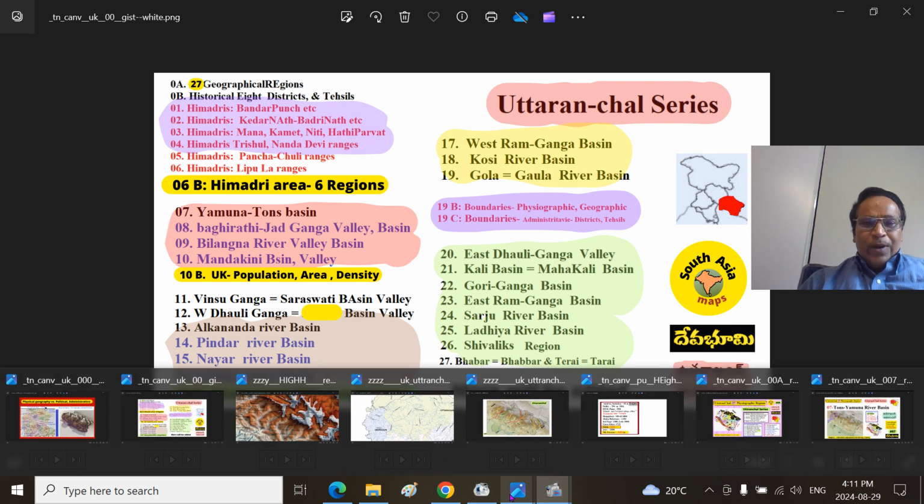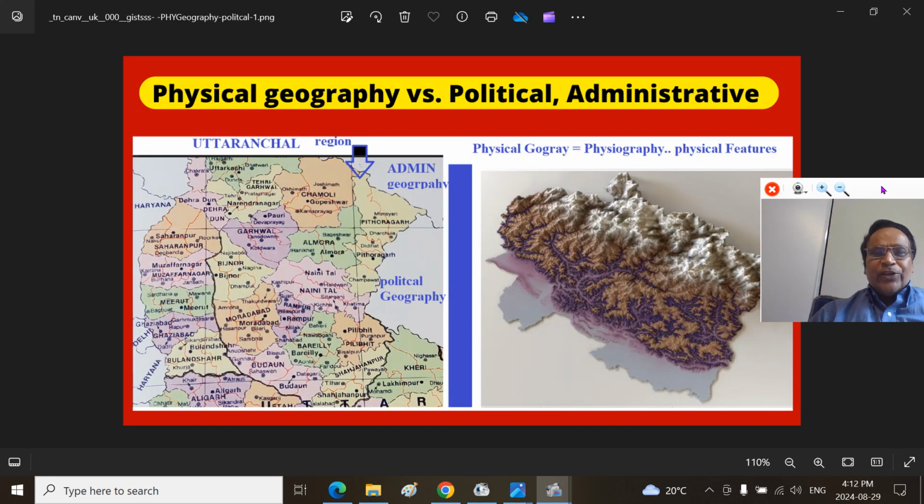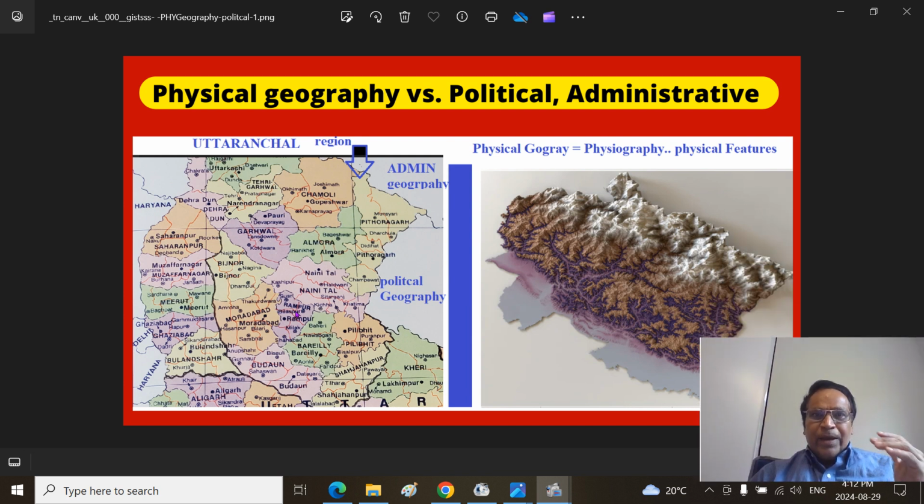What is meant by a physiographic presentation? You see, this is the political geography or administrative map. It shows the taluks, tehsils and provinces, states. It doesn't give any information more than that. The same map I have shown here gives the physical representation of the land.